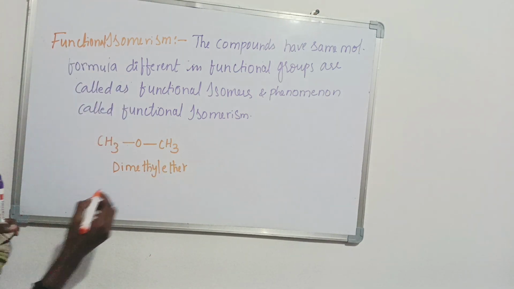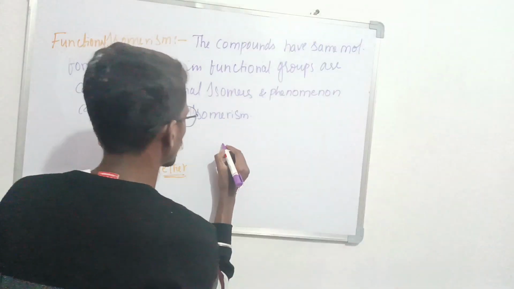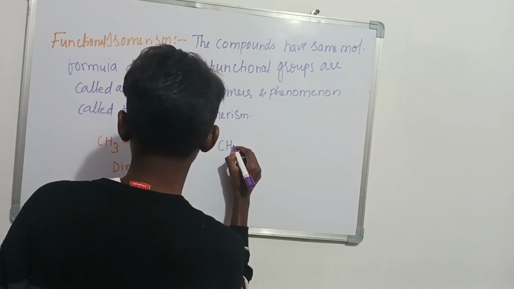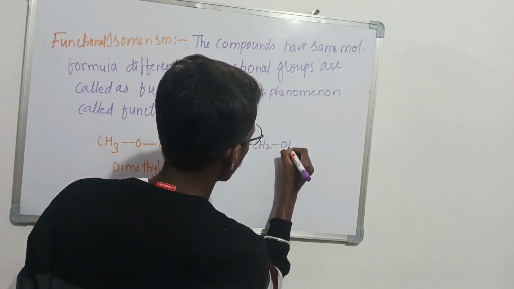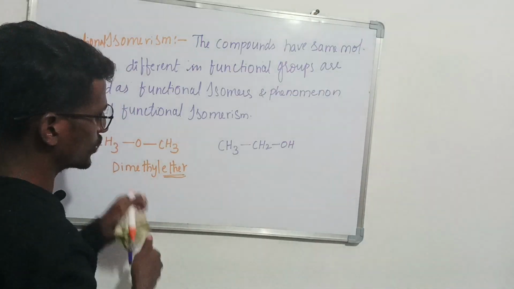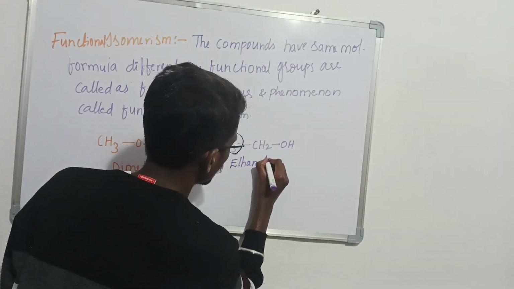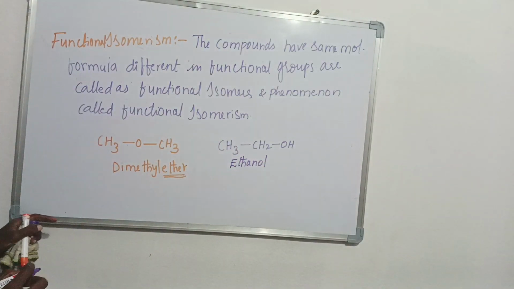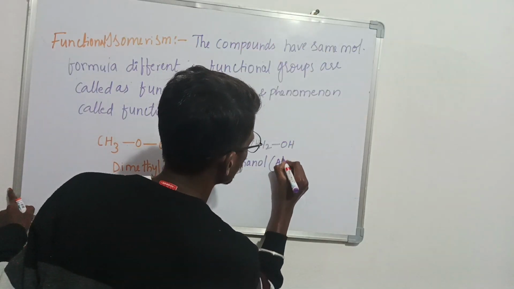The functional group present in it is ether. And one more example, CH3 CH2 OH, is ethanol, which may also be called ethyl alcohol. The functional group present in it is alcohol.